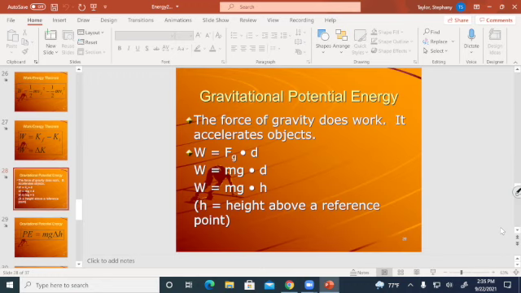So your force is mass times gravity, times your distance, and your distance can be measured as your height. Both of those would be in meters. Height is the reference point for where your object is standing above ground. So height just means how much above ground that object is standing.